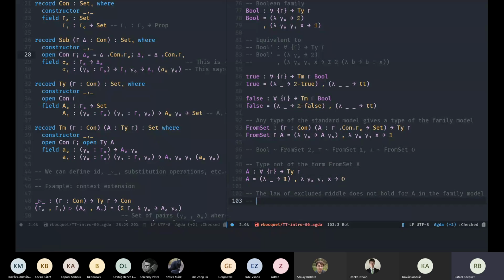So what is the law of excluded middle? It's the principle that says that for every type A, either A is inhabited or not.